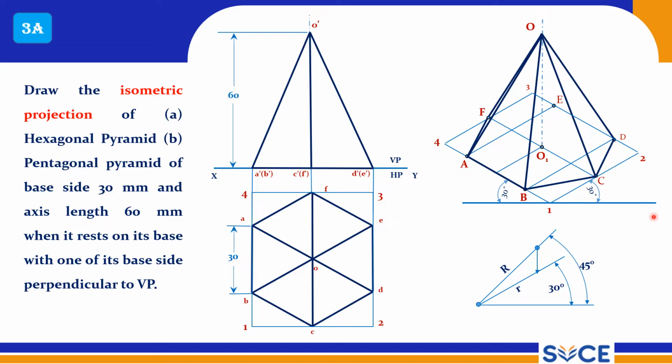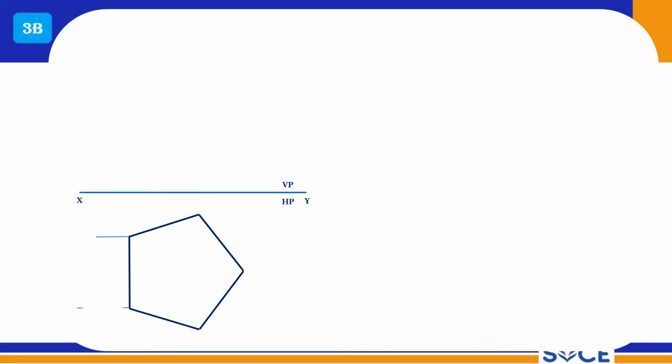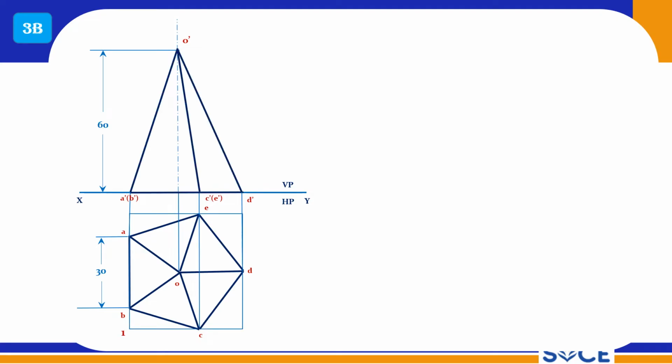Now we will see the isometric projection of the pentagonal pyramid. So there also all dimensions, right? All dimensions are reduced to iso value, right, using this scale. So the same practice should be adopted in 3B also. So this is the front view and top view, simple front view and top view.